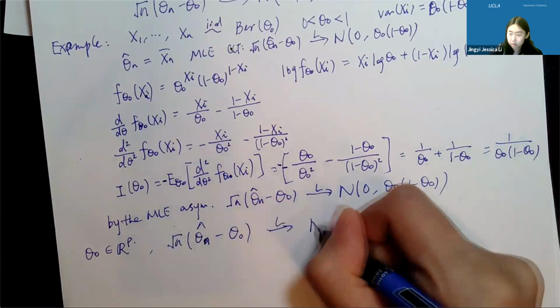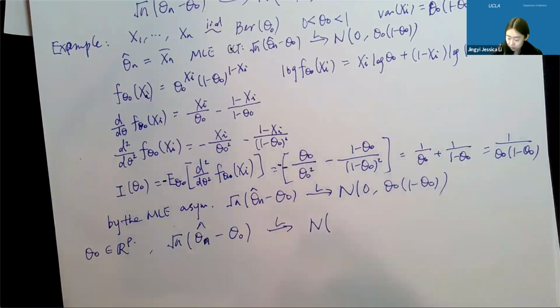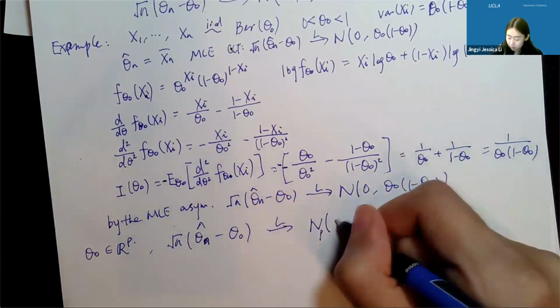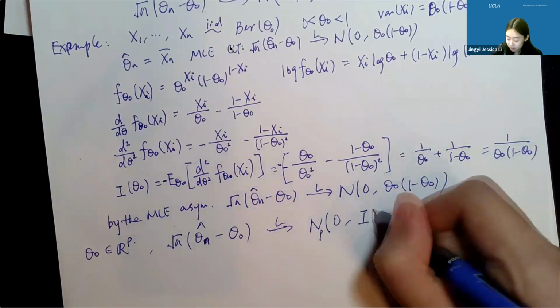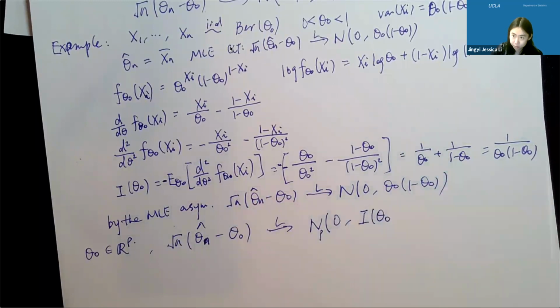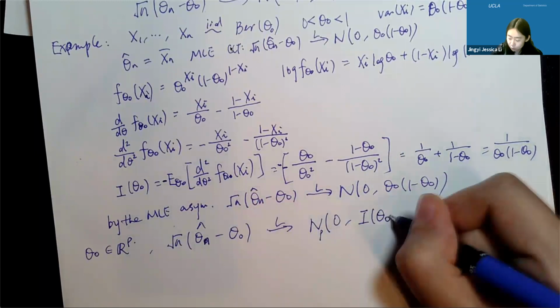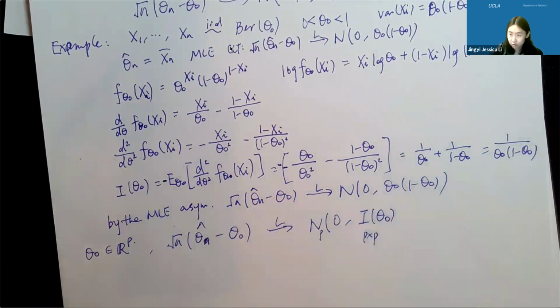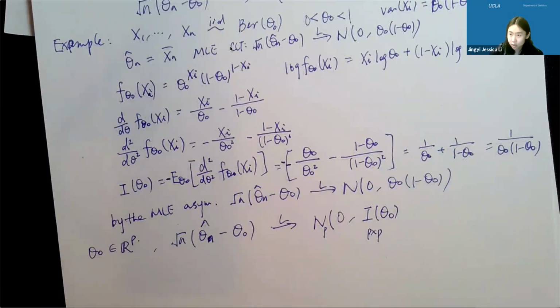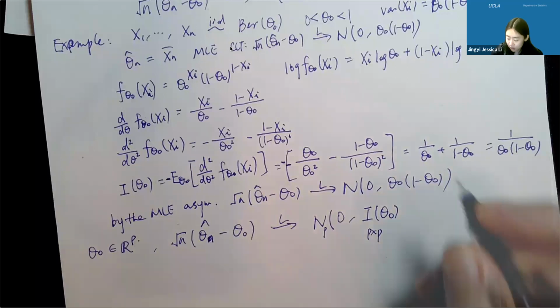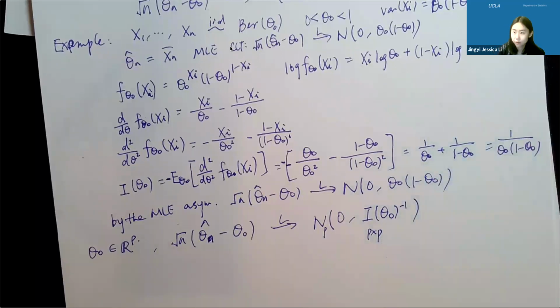It will be a p-dimensional Gaussian with zero mean vector, and then the Fisher information, which becomes a p by p matrix. The Fisher information matrix is always positive definite, so you can take the inverse as the asymptotic covariance matrix.